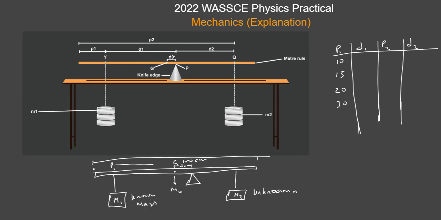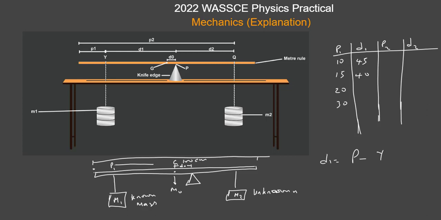So let's say this is 10, and let's say this knife edge is at position 55, for instance. Since this is at position 55, you just remove 10 from 55. So this would be 45. If you remove 15 from 55, you will get 40. D1 is simply whatever the value of P is minus whatever the value of Y is.